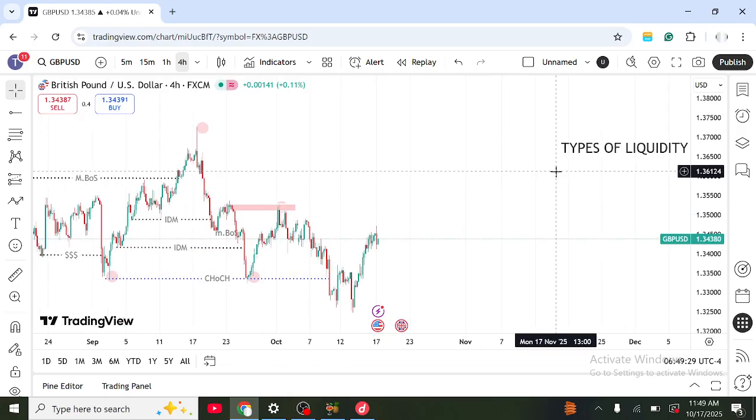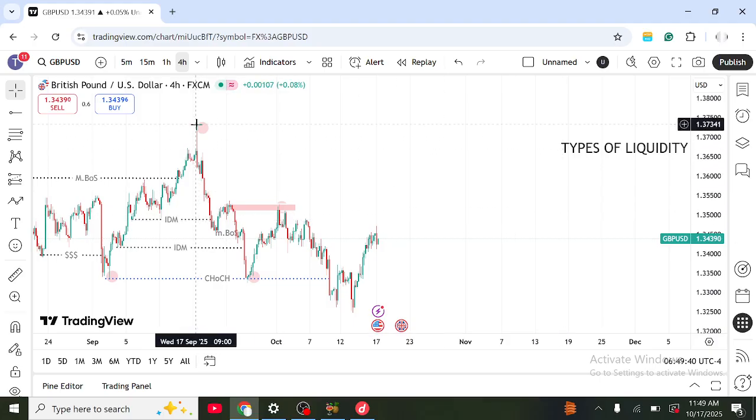Okay, so now types of liquidity. Before I go to the types of liquidity, let me quickly say this here so that we can be on the same page. There are some traders that believe that here is where we have liquidity, which is the high, and here is where we have liquidity, which is the low.